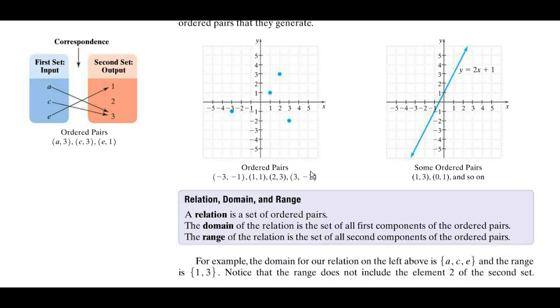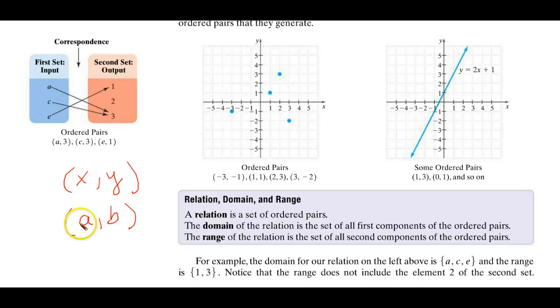So here are the more formal definitions. We gave a nice brief one. So a relation would be a set of ordered pairs. The domain is the first element. Now, if we're calling the elements x and y, then the domain is the x element. If we're calling the ordered pair (a, b), which is also sometimes used for x and y, then the a is the first element.